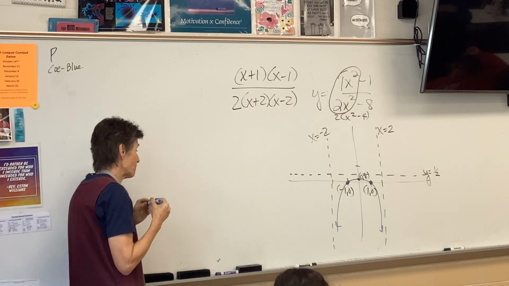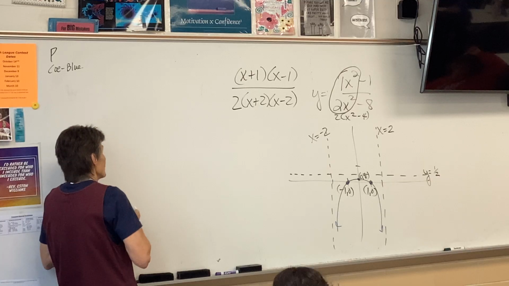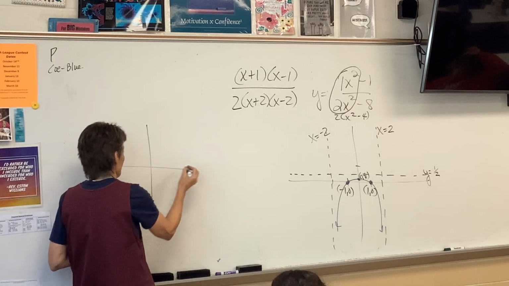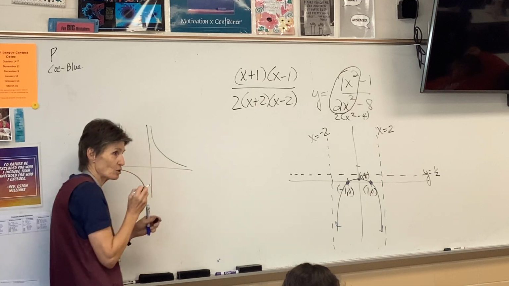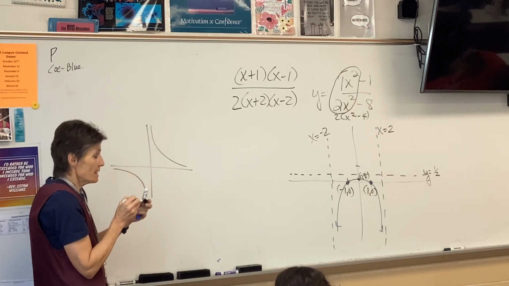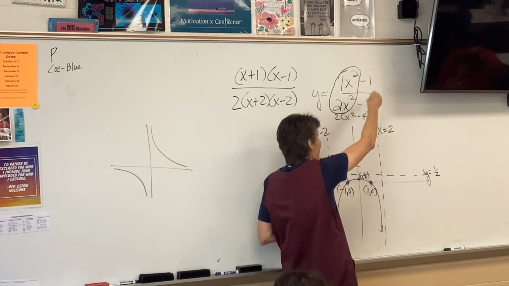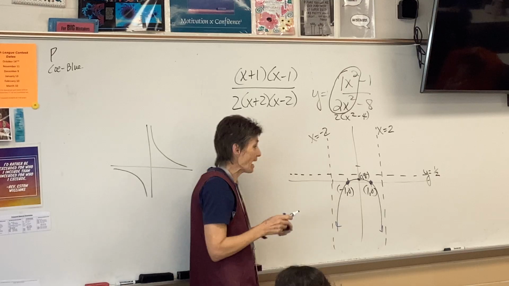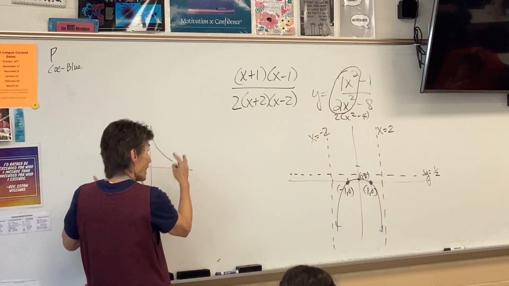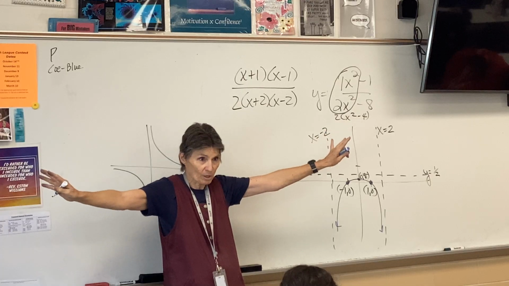Well, here's a piece of important information. You know that your reciprocal function has this shape, right? That's the shape it has. Any function that is a fraction is going to have that kind of behavior on the outside of its asymptotes.